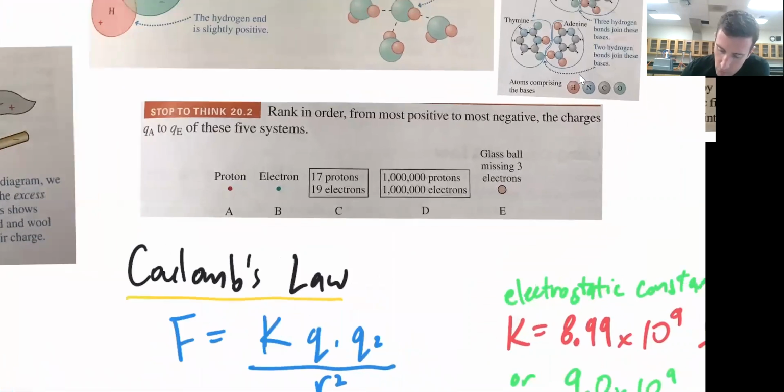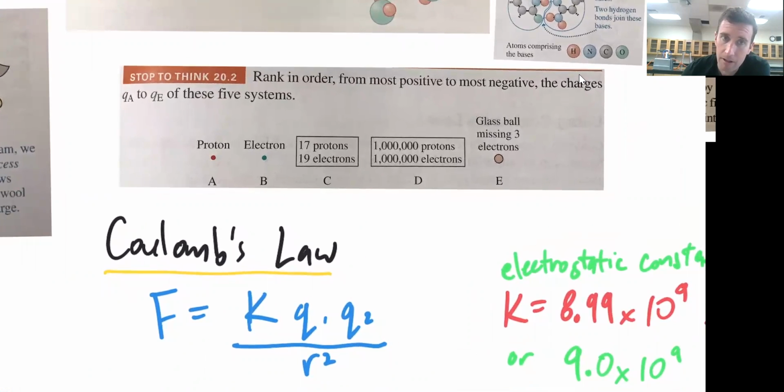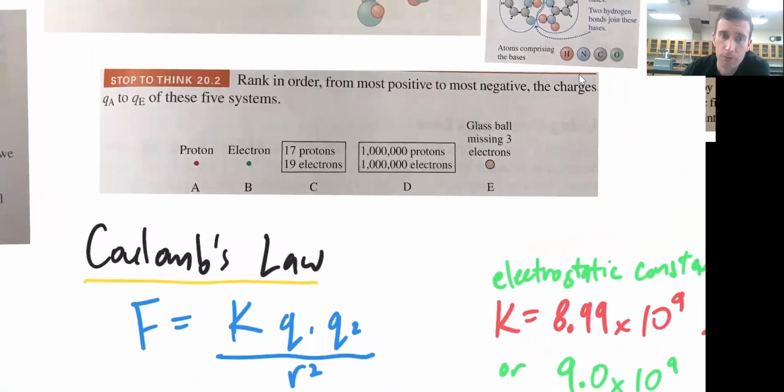So let's go through and rank in order from most positive to most negative these charges. All right, so proton, that is positive, and it is +1, right? Electron is negative, so that's -1. 17 protons and 19 electrons, that means there are 2 extra electrons, so that's -2. 1 million protons and 1 million electrons, those are all going to cancel each other out.